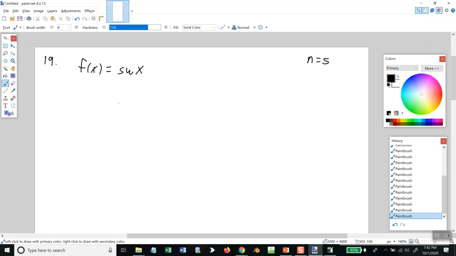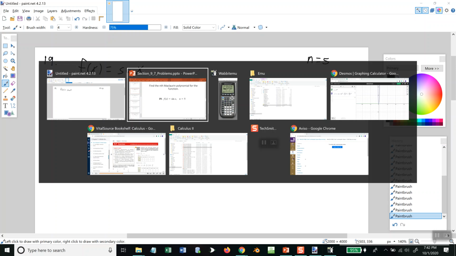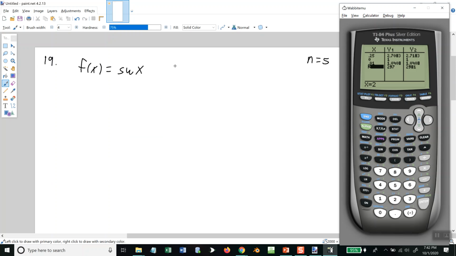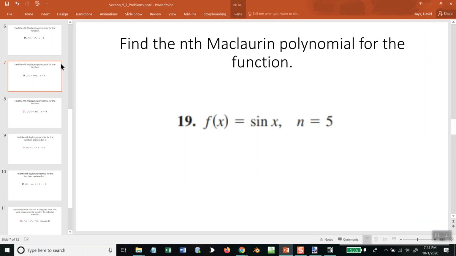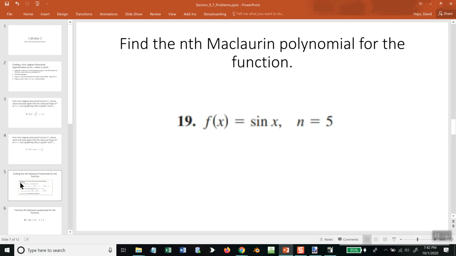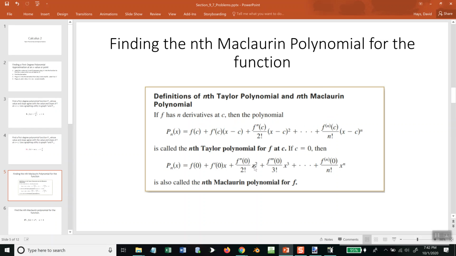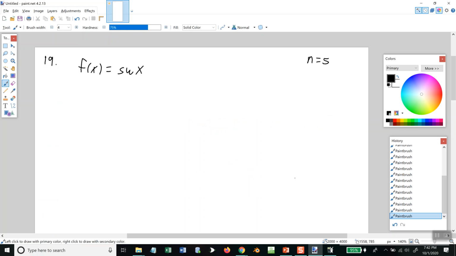Now, it's the Maclaurin series, or Maclaurin polynomial, I should say. And again, for the Maclaurin polynomial, you plug 0 in for each one of these. So I'll do that as I go along.